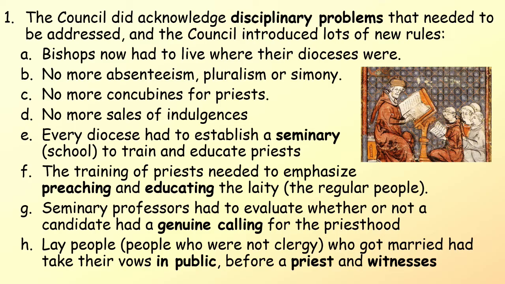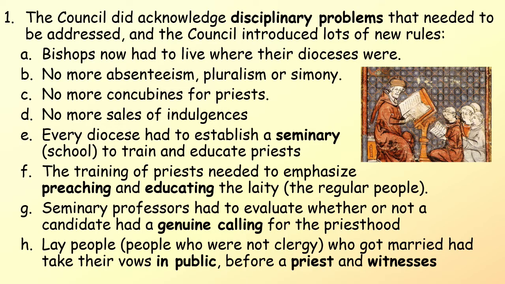Pluralism is a form of corruption that's related to that. Pluralism is a form of corruption where a member of the clergy gets paid for two jobs. And simony is a form of corruption in which a member of the clergy buys an important church position rather than earning an important church position.